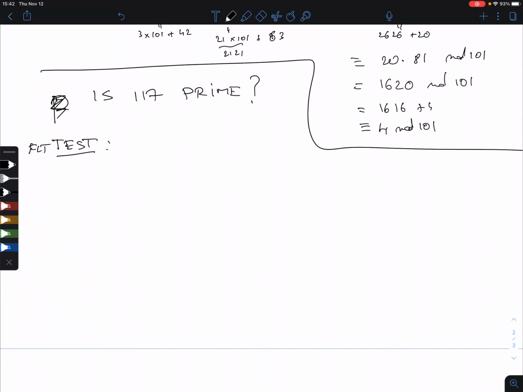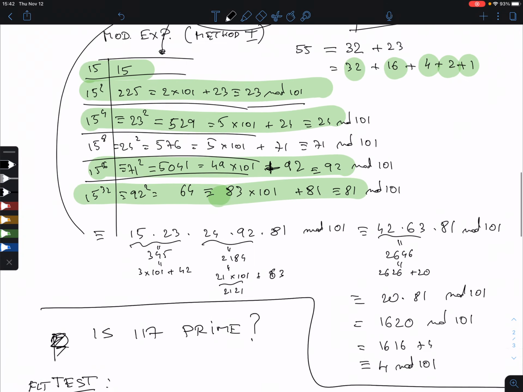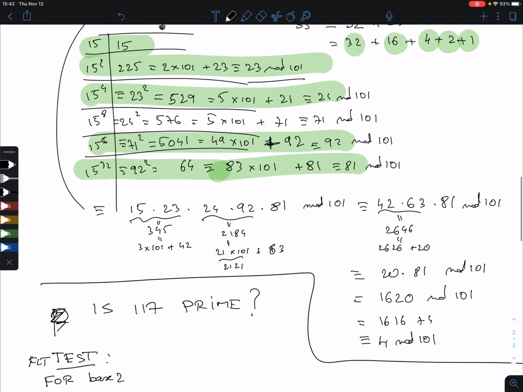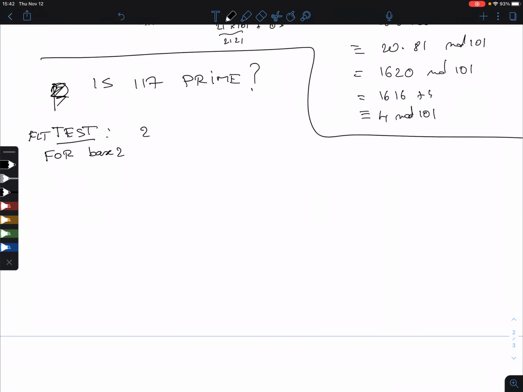Does it pass the FLT test? I'm going to do it only for base 2. The base is the number in the bottom here. So, is 2 to the power 116, one less, equivalent to 1 mod 117, I ask.